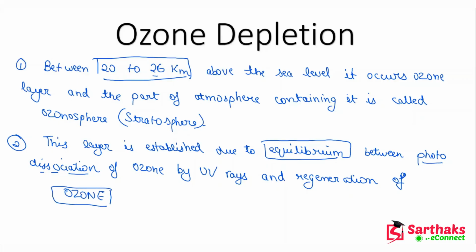So this layer is established due to the photodissociation of ozone by UV rays and regeneration of ozone happens here.